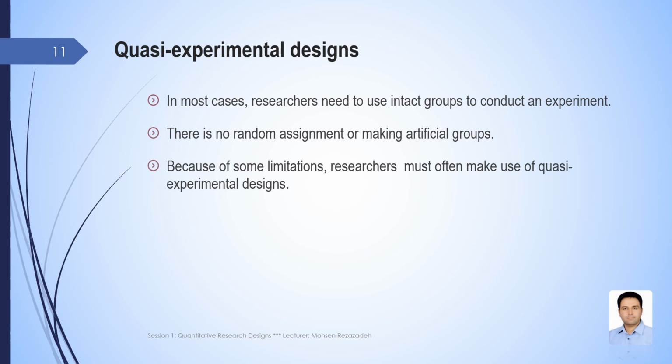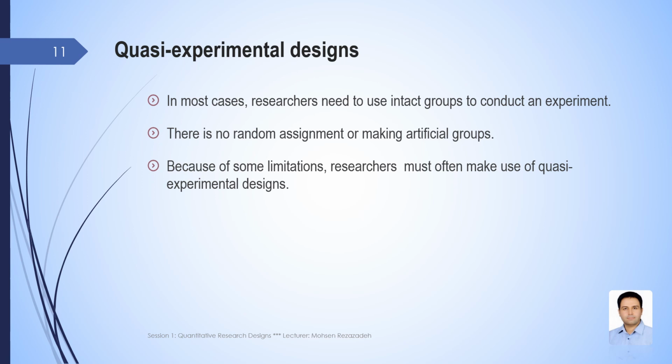Because of some limitations, researchers sometimes have to make use of quasi-experimental design. Sometimes you cannot randomly assign students to artificial groups, maybe because that institute does not let you do that, or maybe because, suppose you want to gather data in the university and you cannot assign the university students to two different groups because of, for example, the dean of the faculty or the administrators.